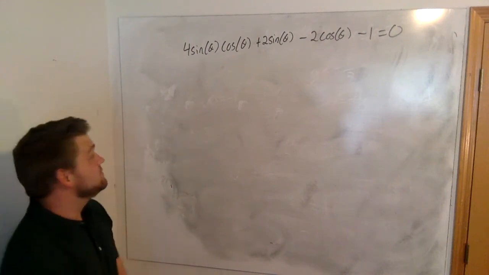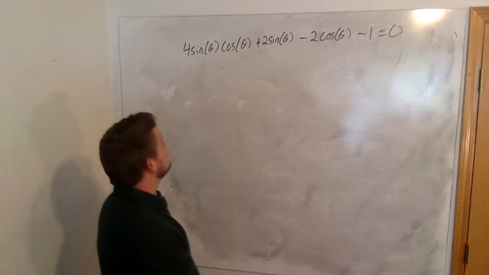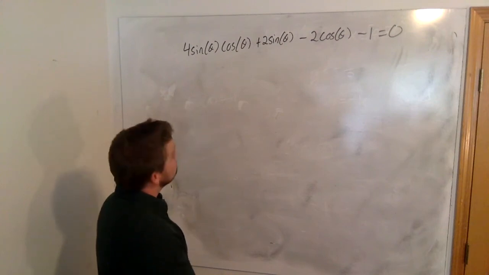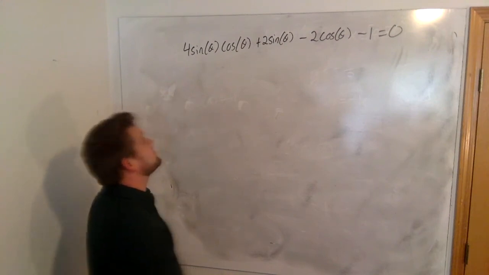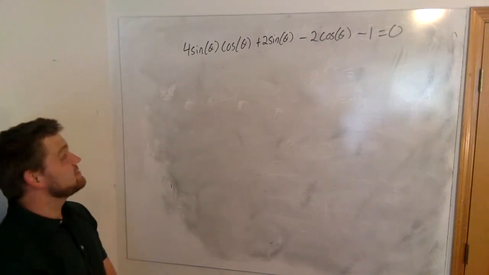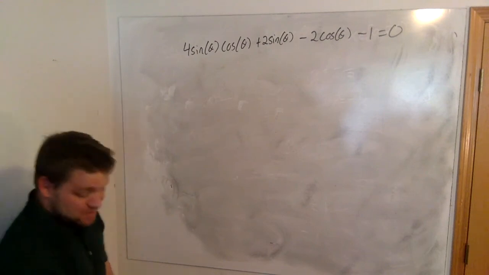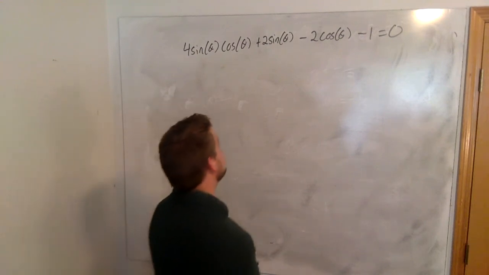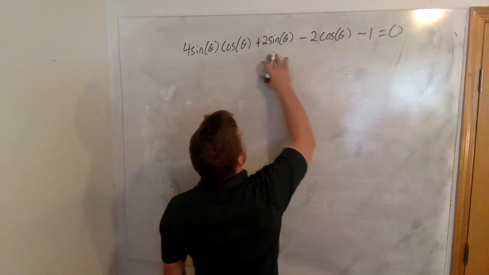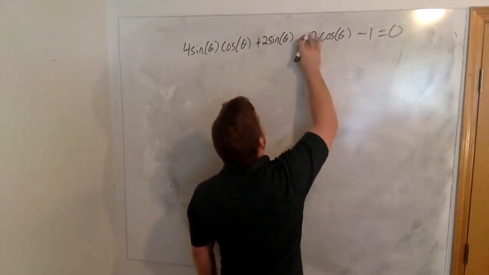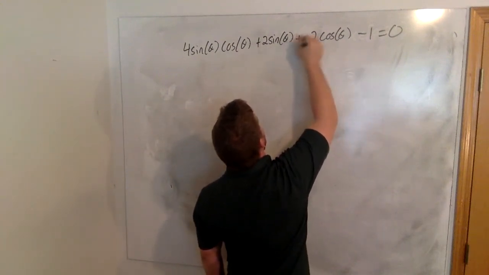Okay, let's do it. Well, I see a lot of sines, I see a lot of cosines. I don't know if squaring both sides sounds like something we really want to do. Something to notice about this problem is there are 4 terms: 1, 2, 3, 4. So maybe we could try factoring this by grouping.